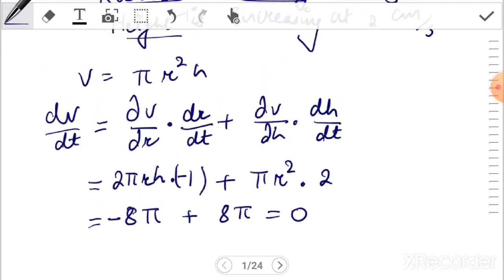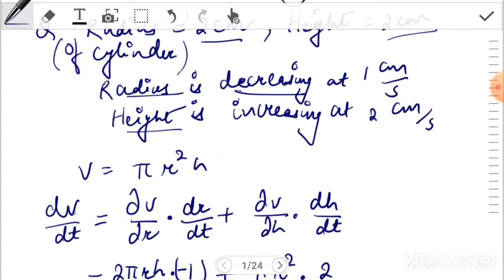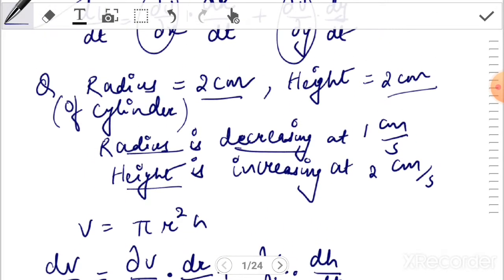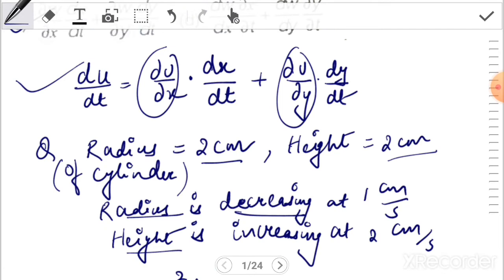So even though the radius is decreasing and the height is increasing at 2 centimeters per second, overall the volume is not changing at all with respect to time. So this is one example of how to use the formula for a total derivative when two parameters are changing with time.